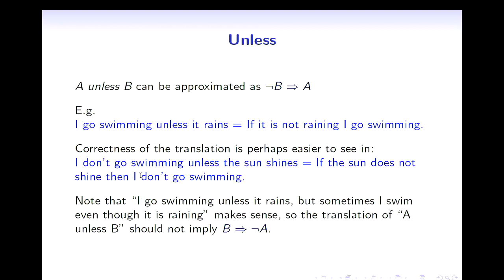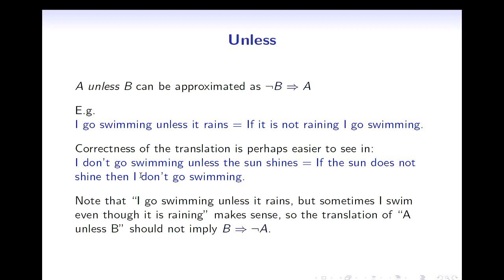Let's have a look at another relatively popular expression in English and how to translate this. At least one common meaning of saying A unless B is to approximate this as not B implies A. As an example, if you claim that you will be going swimming unless it rains, then you make the statement that I will definitely go swimming in case it is not raining.